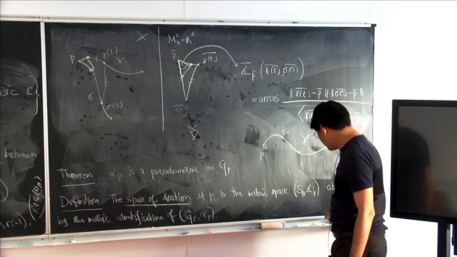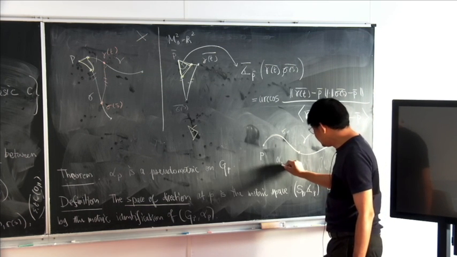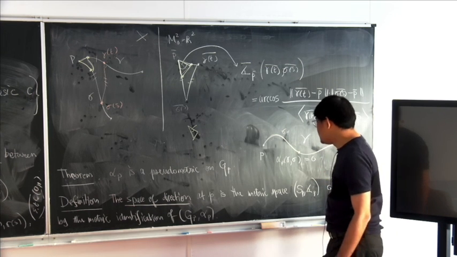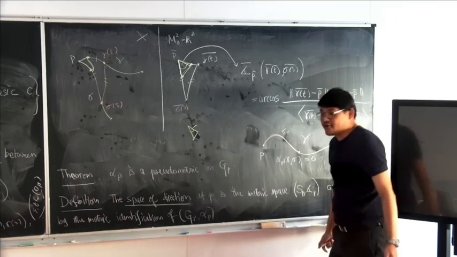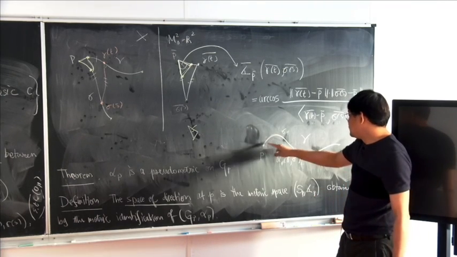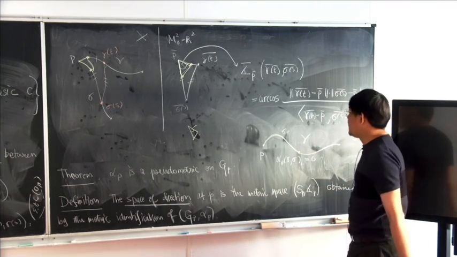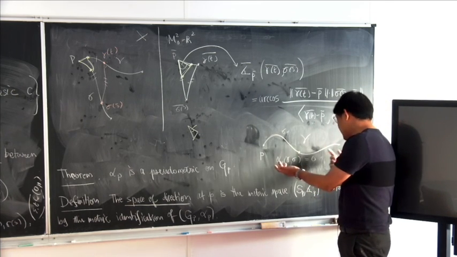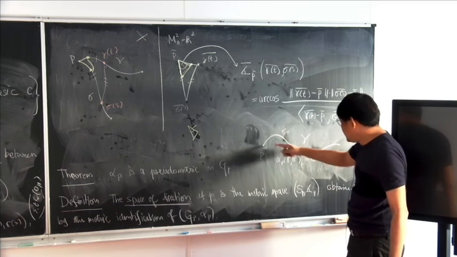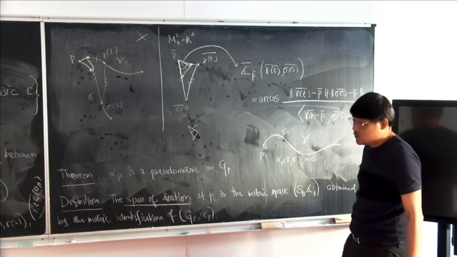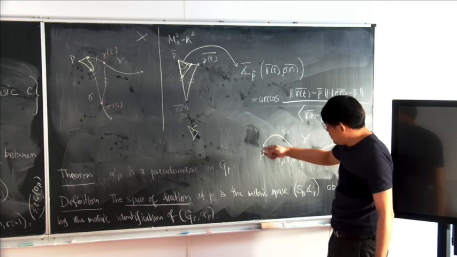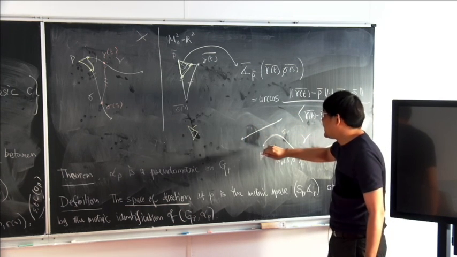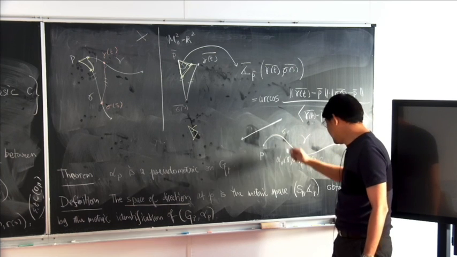Okay, and if you compute alpha P here of gamma and sigma, of course it's 0 because it does not make any angle. If you construct a comparison triangle out of these geodesics, you will always have a degenerated triangle, which means it looks like a line. So this is one side.